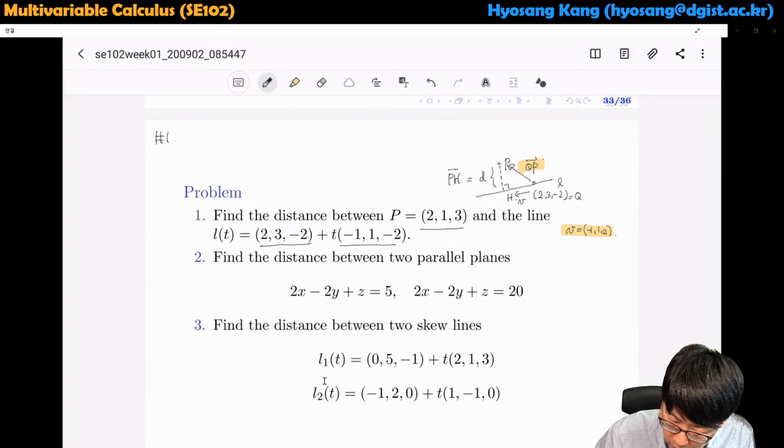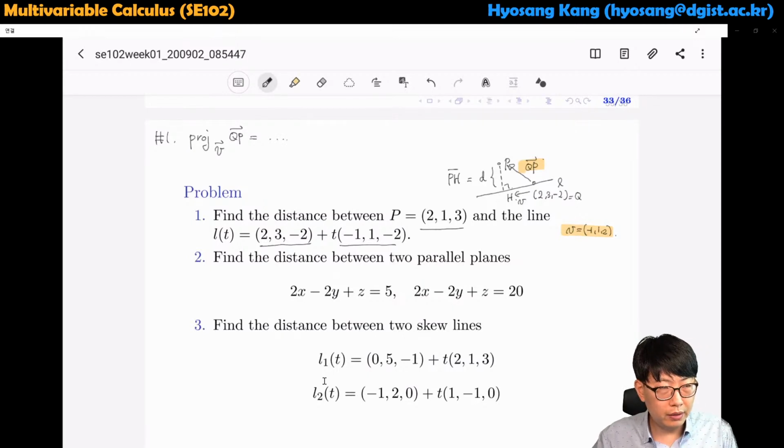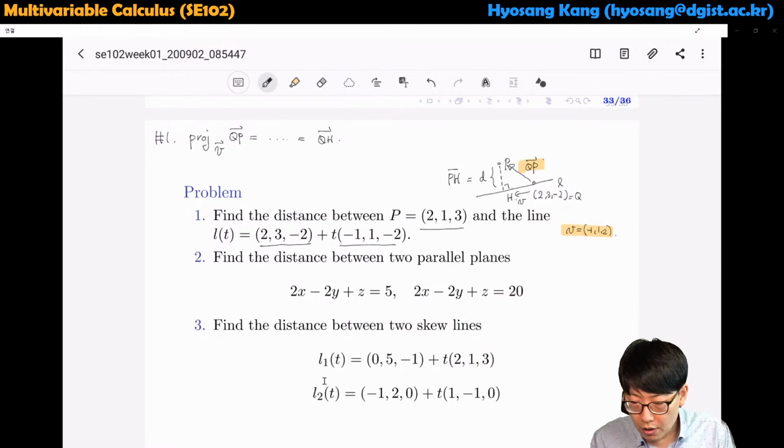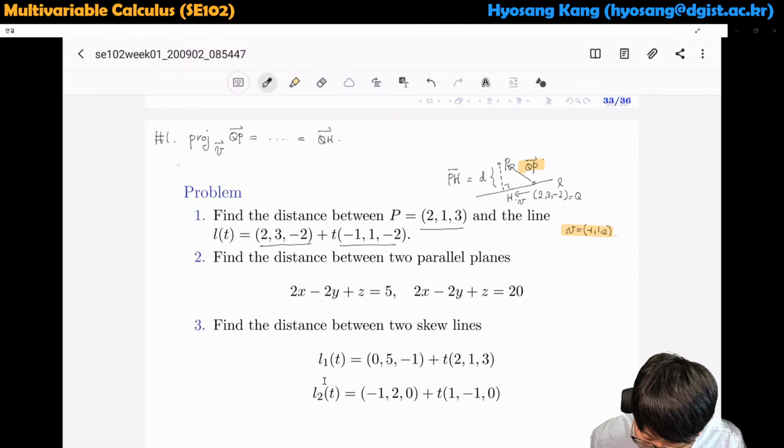So the projection of QP onto the direction of V. When you compute this, you get some three-dimensional vector. So when you do this, you get this QH vector, right? What we want to find is the length, the norm, of the PH vector.